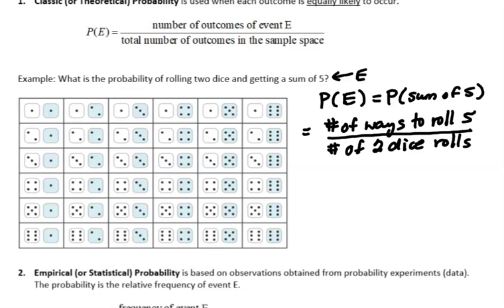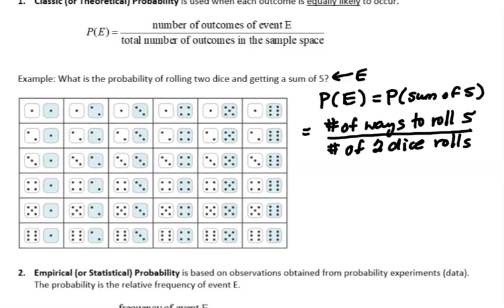Okay, so I need to know how many different possible combinations of numbers I can get with 2 dice for my sample space. So I need to know the sample space for rolling 2 dice, and then I need to know the number of ways to roll a 5.